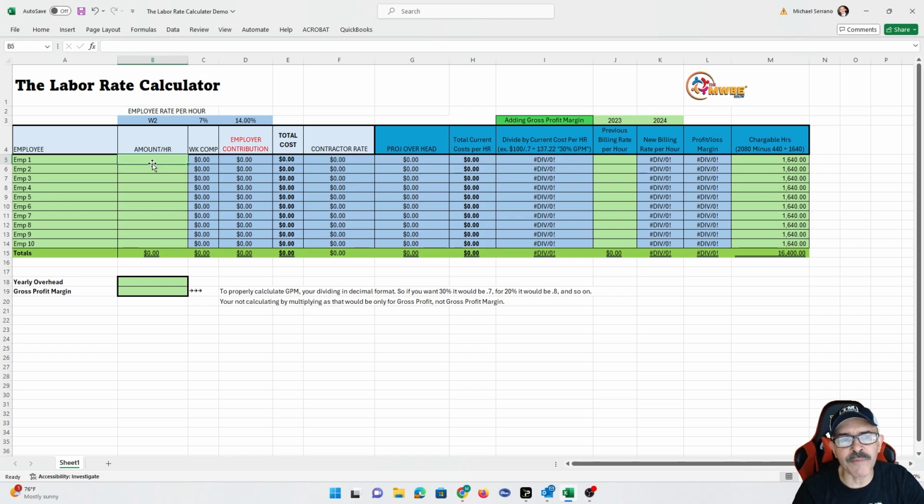But before we even get into that employee, we have to discuss what your yearly overhead is. Your yearly overhead is going to be found on your profit and loss statement under expenses. Your total expenses. This is going to be for internal employee salaries. These are like administrators, managers, and even yourself.